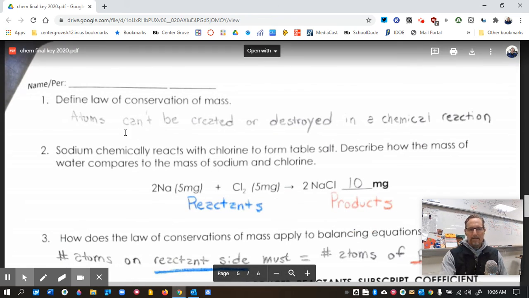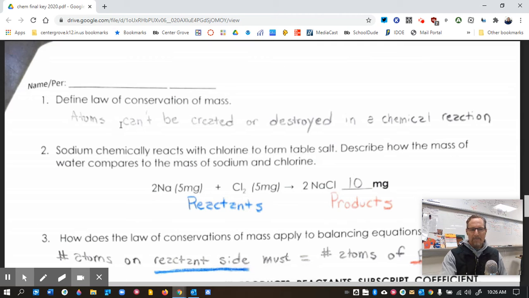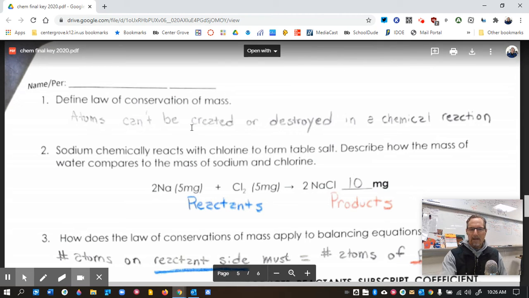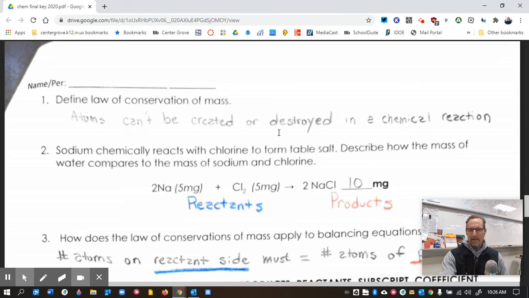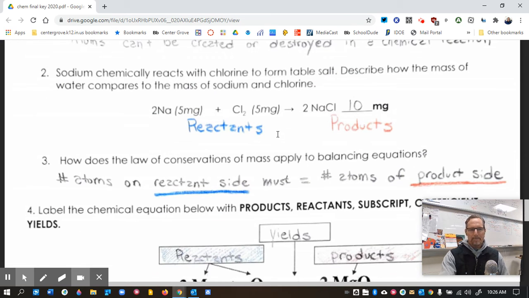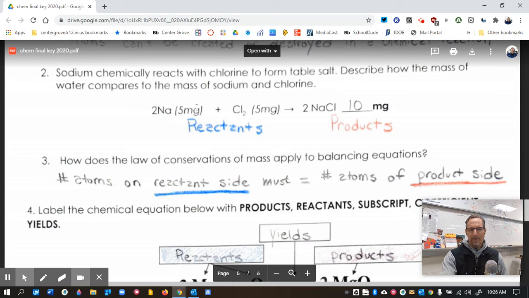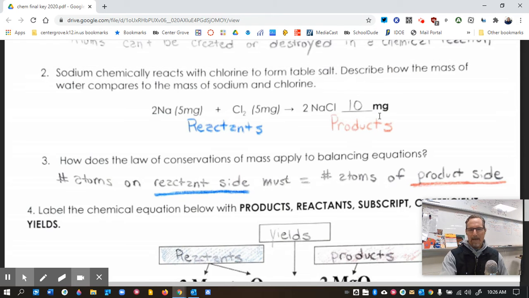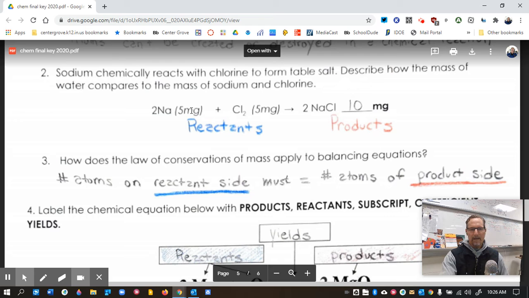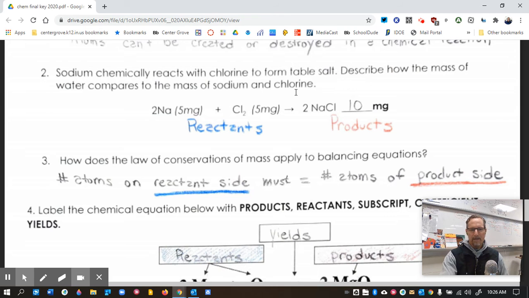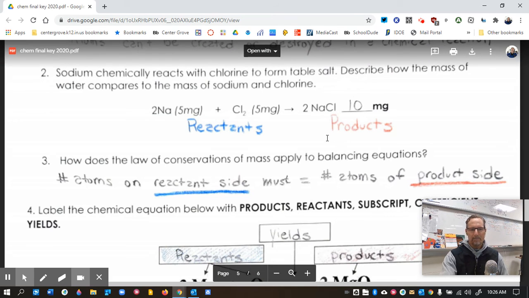As far as the conservation of mass, that basically states that atoms cannot be created or destroyed in a chemical reaction. The mass of my reactants must equal the mass of my product. So if I have 5 plus 5, that gives me 10 on the product side.